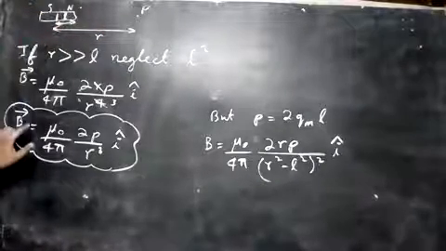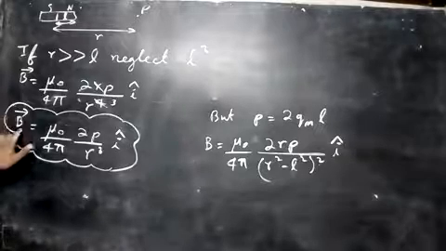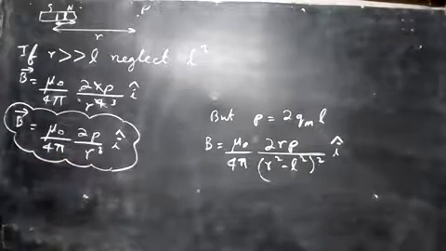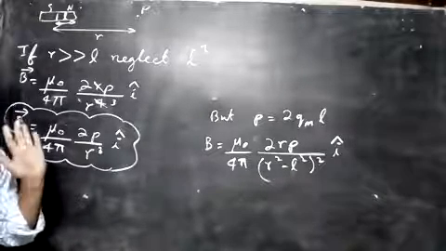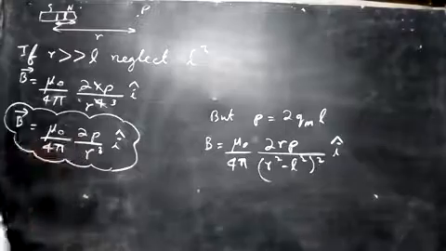B means the magnetic field, P means the dipole moment, r is the distance. μ₀ by 4π we know is 10⁻⁷.